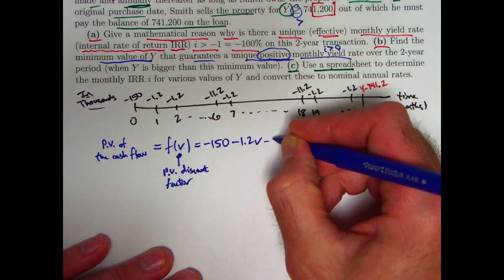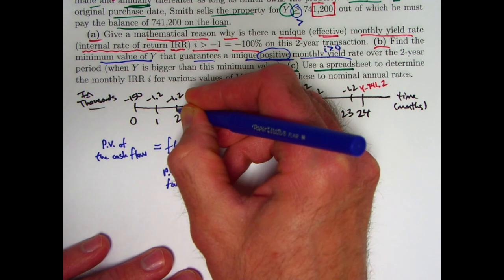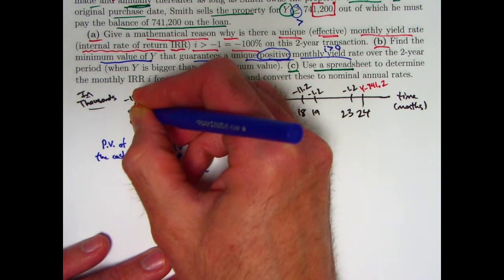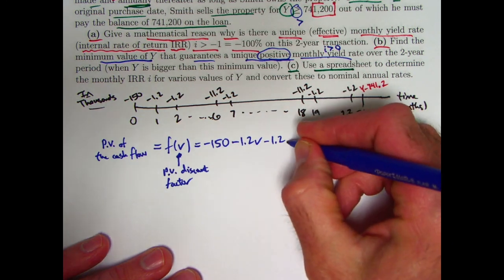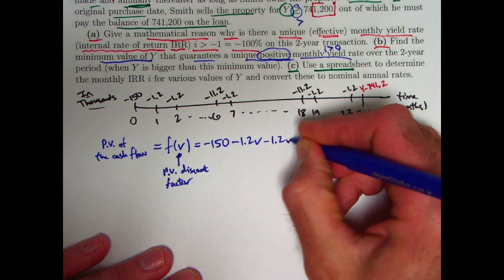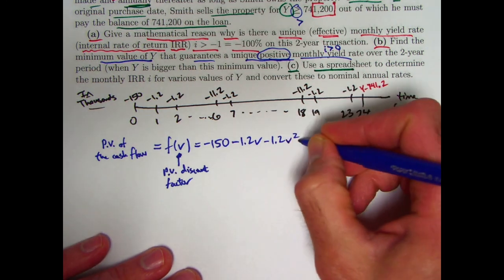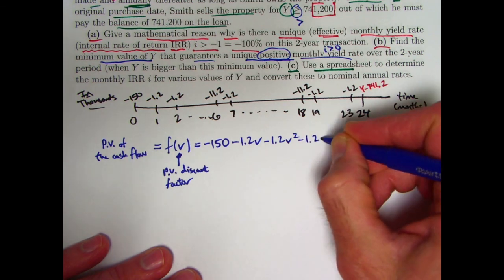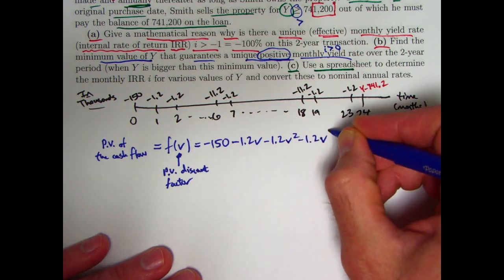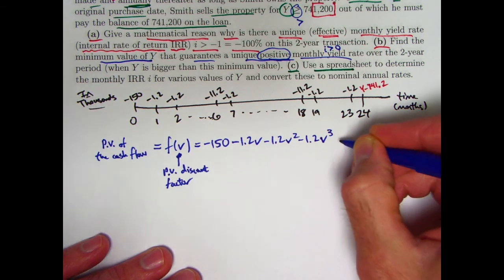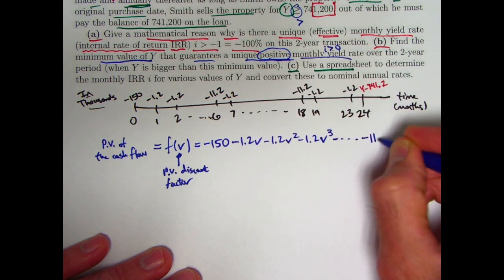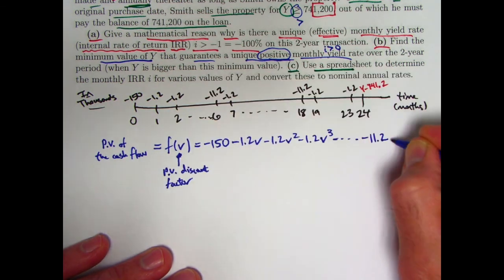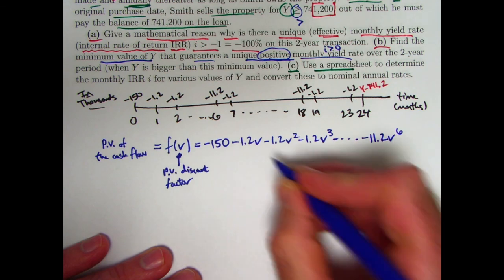The negative 1.2 at time 2 needs to get discounted back in time 2 years. It needs to get multiplied by V twice. In other words, it needs to get multiplied by V squared. The negative 1.2 at time 3 needs to get multiplied by V 3 times. It needs to get multiplied by V cubed, etc. The negative 11.2 at time 6 needs to go back in time by 6 years, multiply it by V 6 times, multiply by V to the 6th.